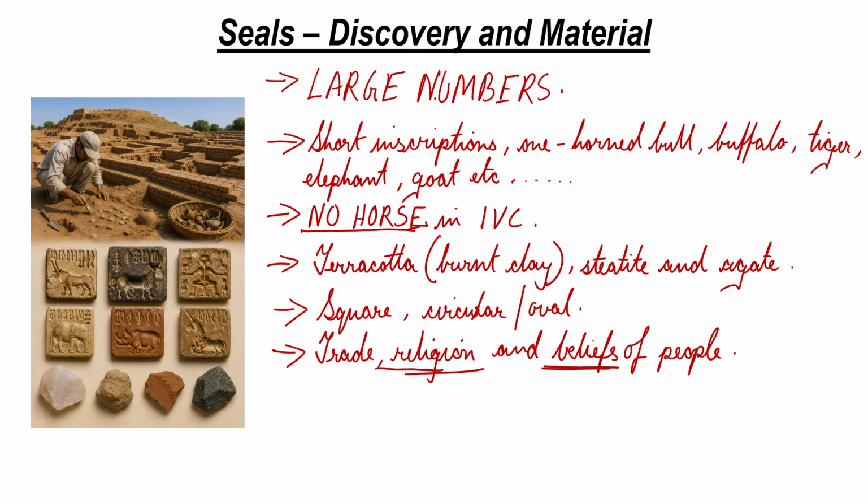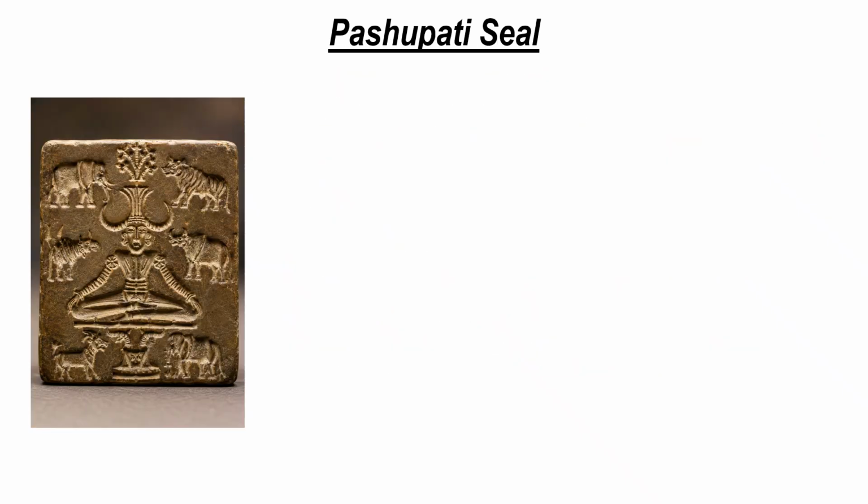Now we will discuss some important seals starting with the Pashupati seal. What is the Pashupati seal? It is a seal where we see the figure of a male god. And how is this figure depicted?